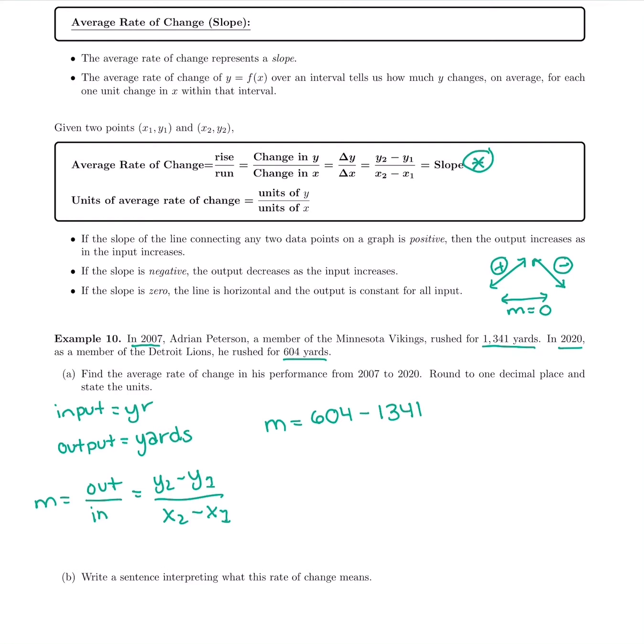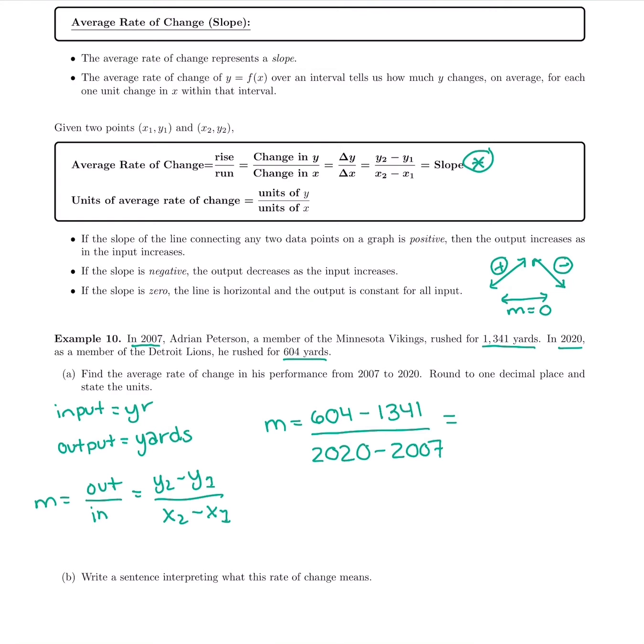And order doesn't matter as long as you keep it consistent. So here I did the yards from 2020 first, and I subtracted the yards from 2007. So when I do the difference in x's, I want to remember that I did 2020 first, and then I subtracted 2007. Whatever order you use, you want to keep consistent. So I did 2020 first, and I subtracted 2007 in both the x's and the y's. I did the same order.